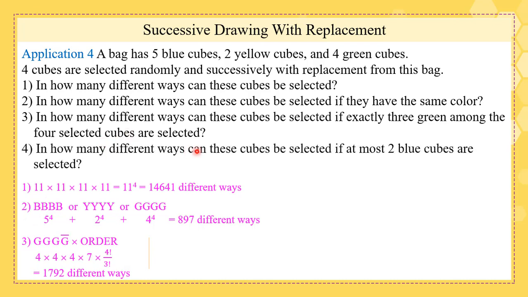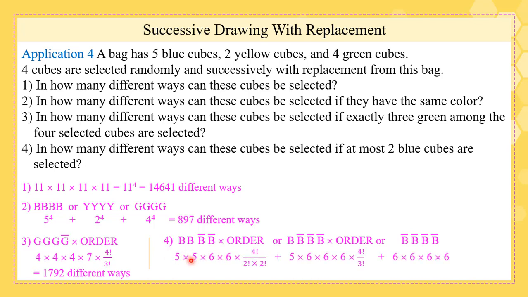Now, in how many different ways can these cubes be selected if at most 2 blue cubes are selected? So the condition here is at most 2 blue cubes. Try to do it alone. Well, at most 2 blue means 2 blue, 2 non-blue, or 1 blue, 3 non-blue, or 4 non-blue. In the first case, we're going to have 5 times 5 times 6 times 6.